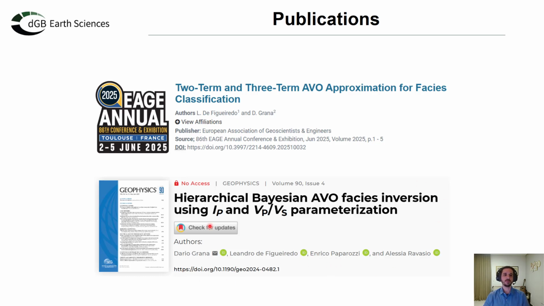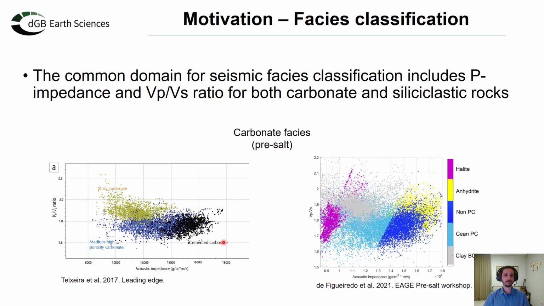That was published in Geophysics this year. What was the motivation to derive this new equation? Mainly it was facies classification, because P-impedance versus Vp-Vs ratio is a common domain for seismic facies classification for both carbonate and siliciclastic rocks.